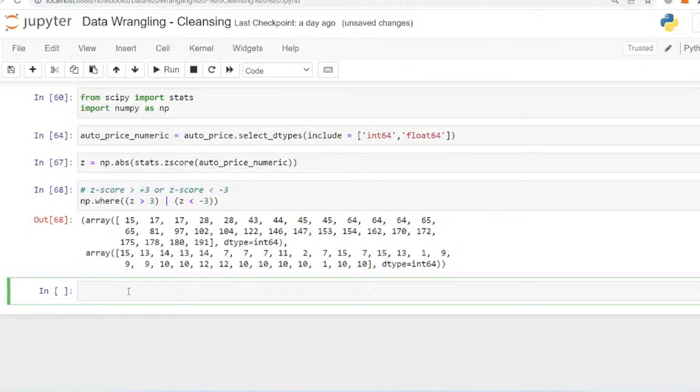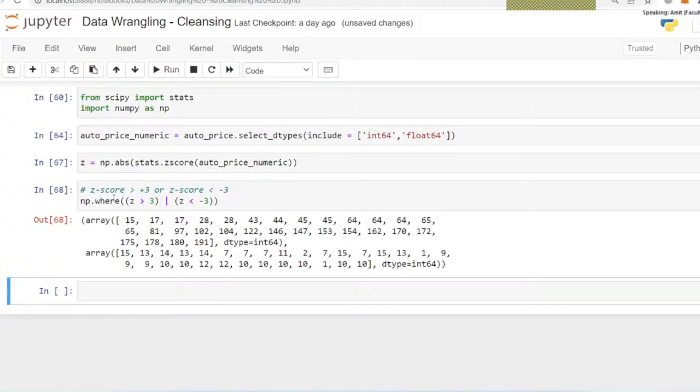That's simple, it will give you the group by and value counts. Why are we getting two arrays? That's related to np.where, which is an inbuilt function.